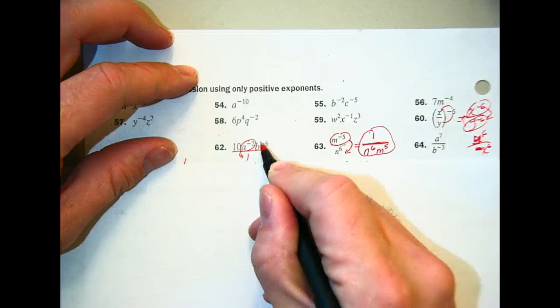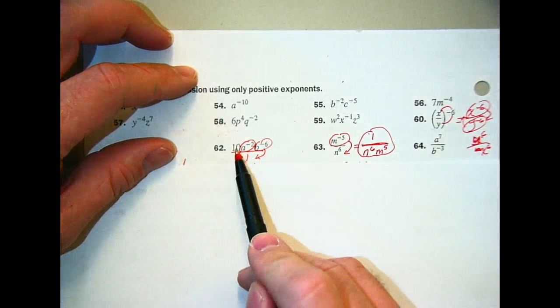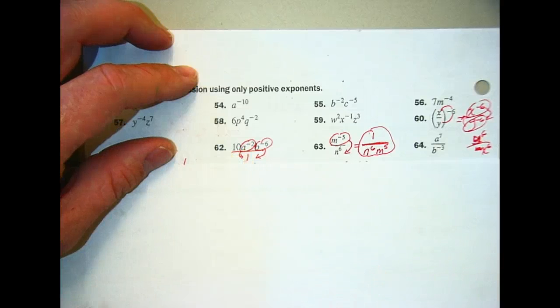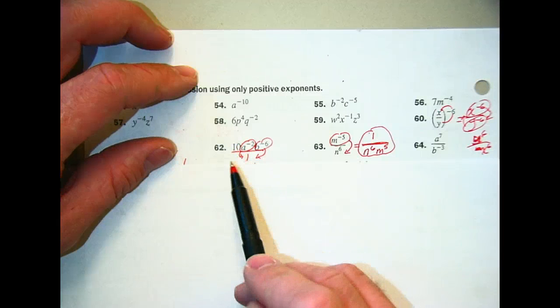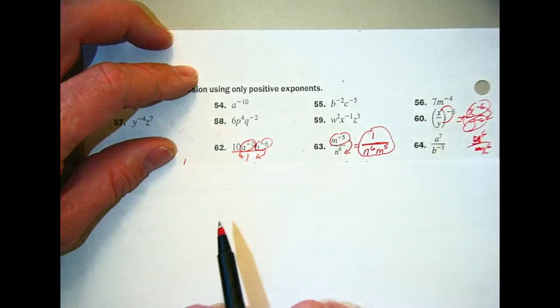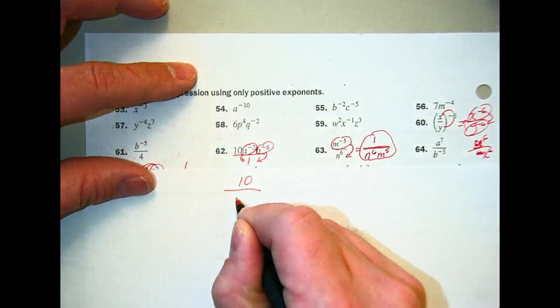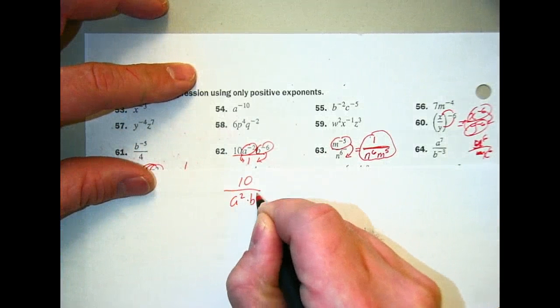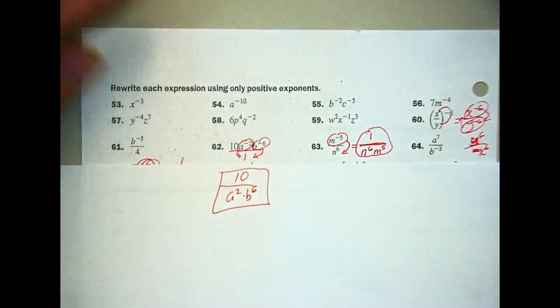Okay, that moves down, that moves down. Does the 10 move? No, the 10 is not being raised to a negative second, only the a. In order for the 10 to be raised to the negative second, you'd have to have parentheses around it. So if you move the 10, you're making a common mistake. Okay, so we'd have 10 on top, a squared on the bottom, b to the 6th on the bottom. Okay, questions there?